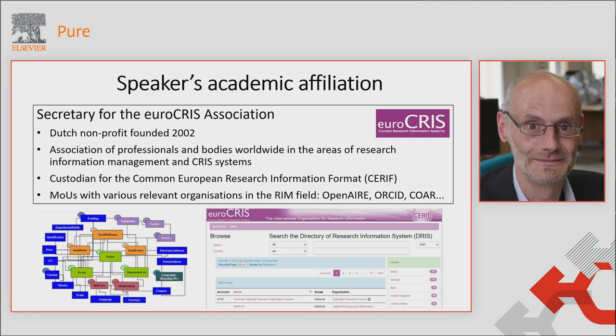CRIS stands for Current Research Information System, also known as Research Information Management System. PUE is the most popular CRIS system worldwide in terms of its implementation all across the world.